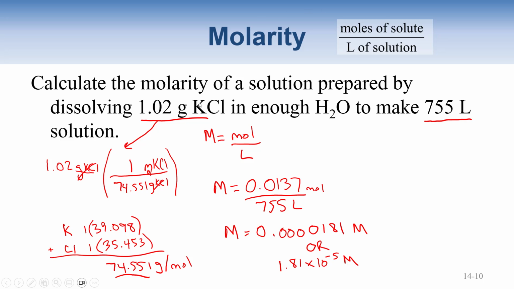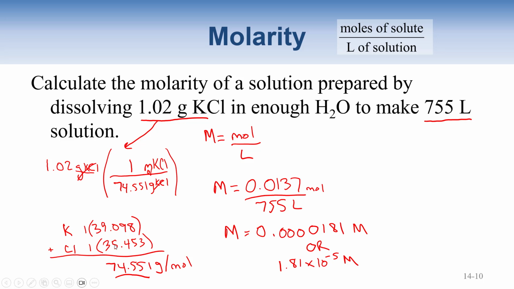This problem, just to walk through one more time: in order to put anything into the molarity equation, it has to have something in moles and something in liters. They gave us something in liters over here, but they gave us mass. Because we know the substance, we can calculate the grams per mole, the molar mass, from the periodic table. There's 1 K in KCl and 1 Cl in KCl.